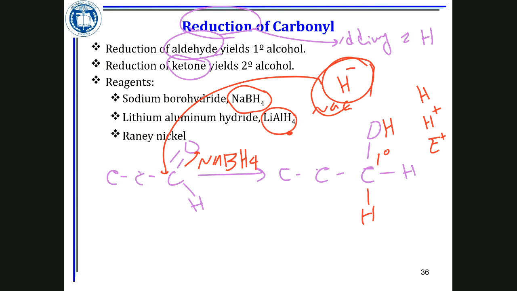The other reducing agent you have is Raney nickel with hydrogen. Nickel by itself doesn't have hydrogen, so it's H2/nickel, Raney nickel with the hydrogen. H2 with nickel can reduce a C=C double bond, changing it to a C-C single bond.